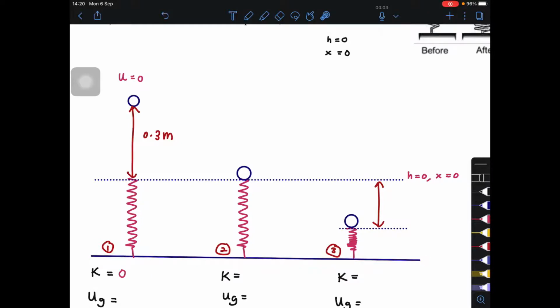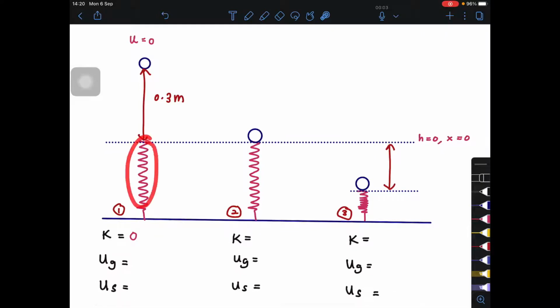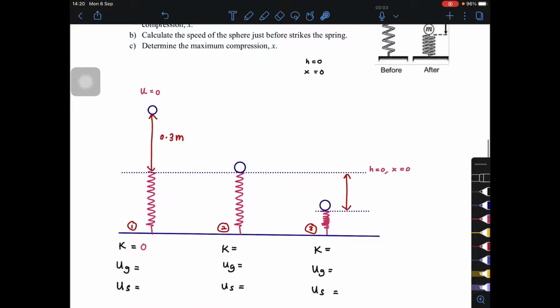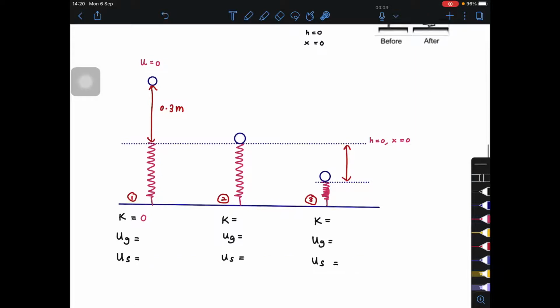Dan x sama dengan kosong dekat sini because at this point, there is no compression of the spring, no extension, so dekat sistem dia sangat sama dengan kosong dan no potential energy. So lebih senang dekat sini lah berbanding kita letak di sini. Okay, so selepas tu, now that we select the location, we can identify lah.